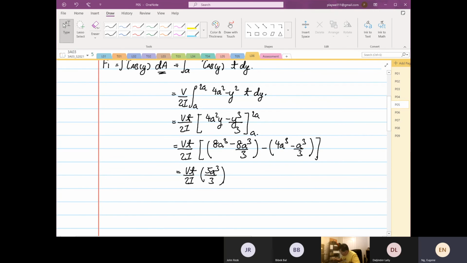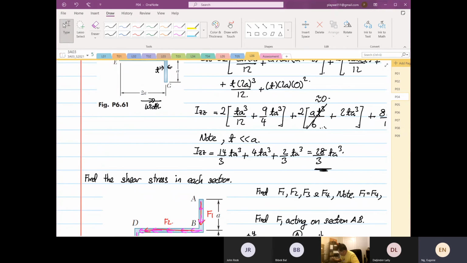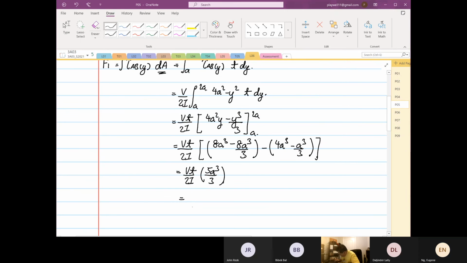We know what our I value is, right? So we found our I value. So we go back. Our I value is 28 over 3 TA cubed. Okay, so VT over 2 times 28 over 3 TA cubed, right, and then this multiplied by 5A cubed over 3, right?